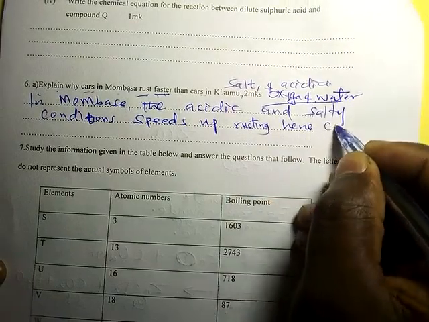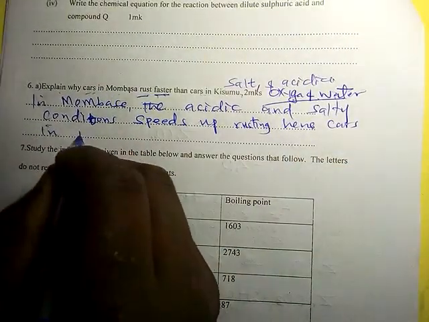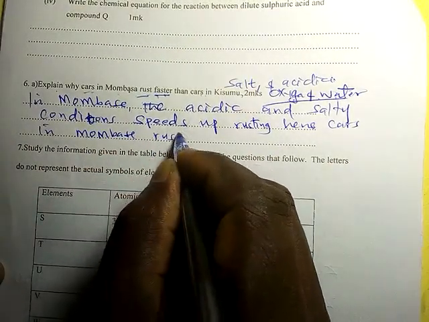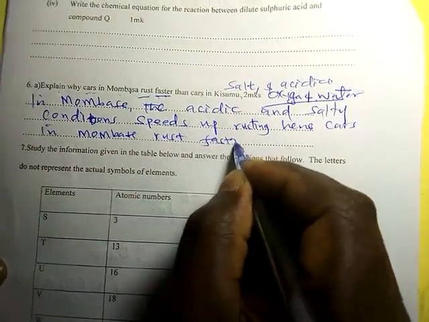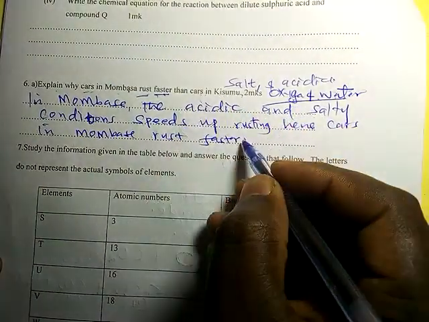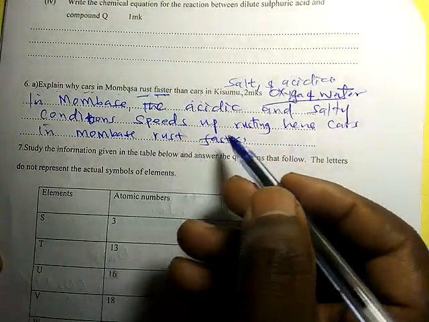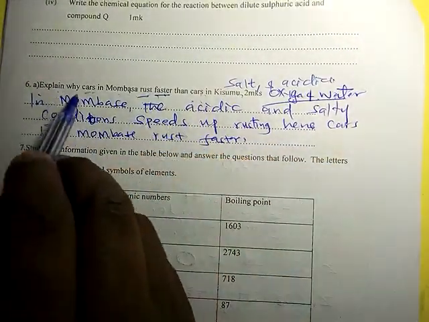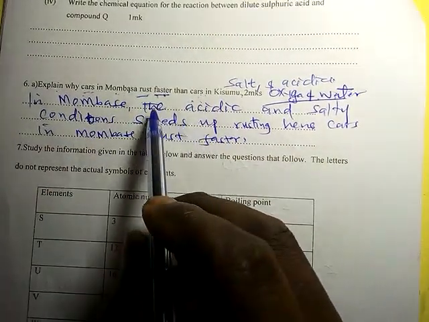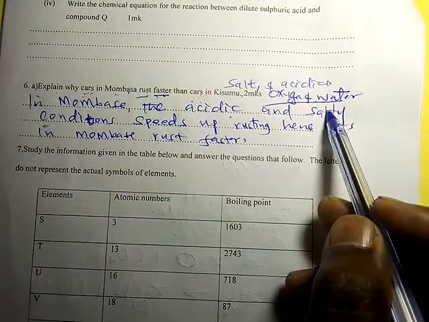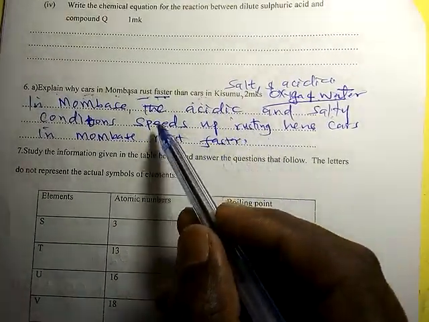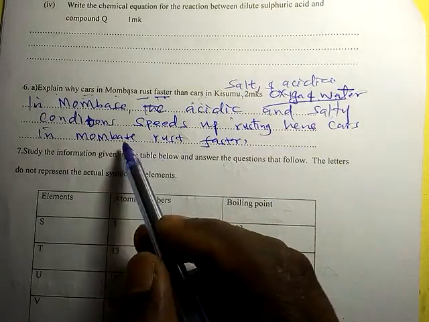Hence, cars in Mombasa rust faster. But what about in Kisumu? In Kisumu, water is fresh. There is no salt, there is no acid in Kisumu. Therefore, that's why the cars in Mombasa rust faster than cars in Kisumu, because in Mombasa, the conditions are acidic and salty. So the salt condition and acidic condition speed up the rusting, accelerate the rusting, unlike in Kisumu.